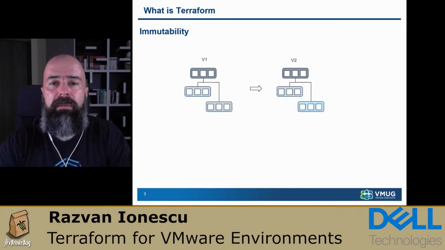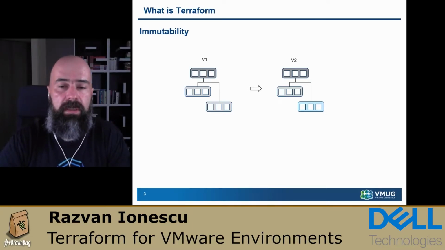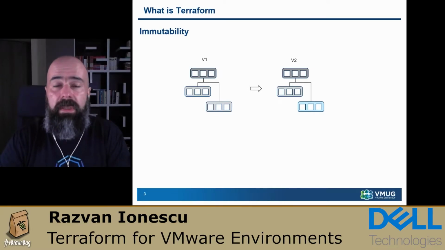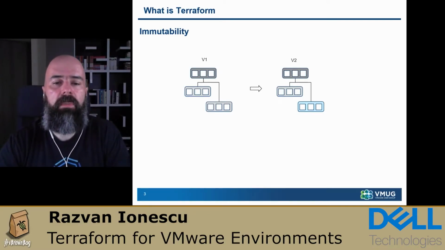So the artifact itself is unchanged during its life cycle. It is created and destroyed and replaced by a newer and better version. This is an important aspect because one should think about how the infrastructure is designed with immutability in mind, and also more than that about the applications. Think about the VMs and the applications that are running on top of VMs, that they need to take into consideration the immutability of the infrastructure.